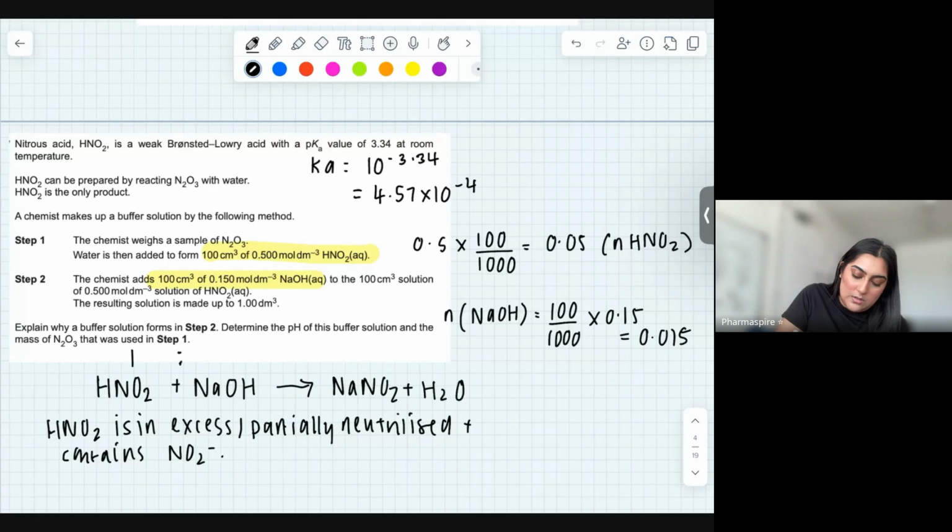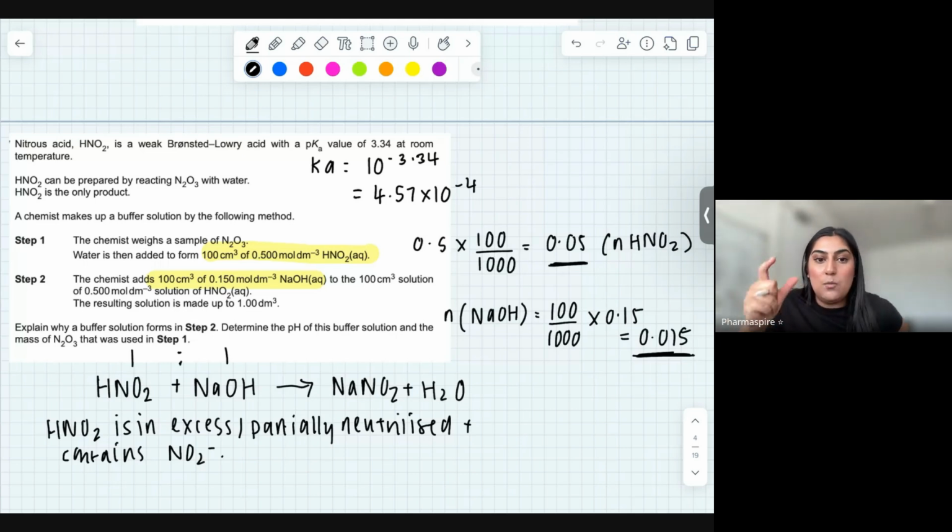So we look at the smallest one, which is 0.015, and you have 0.05. So do you see how your acid is in excess there? Is everyone happy that your acid is in excess? Because you've only got a 1 to 1 to 1 ratio. So only this much is going to react.